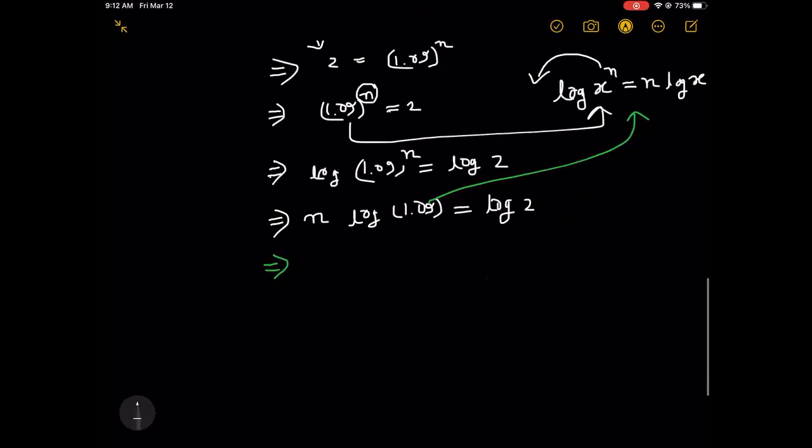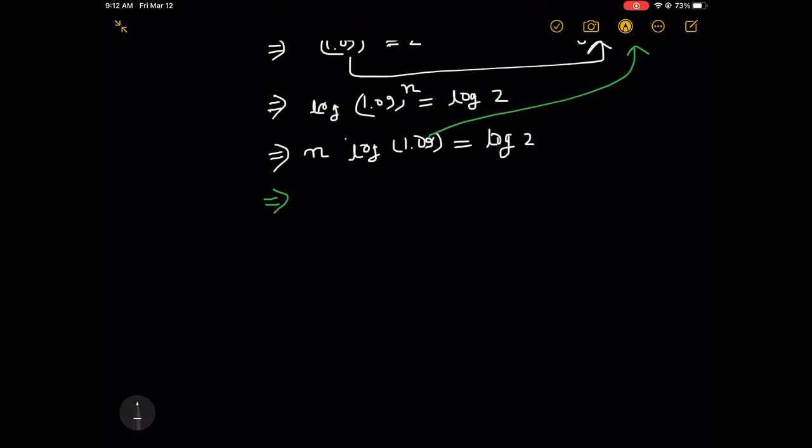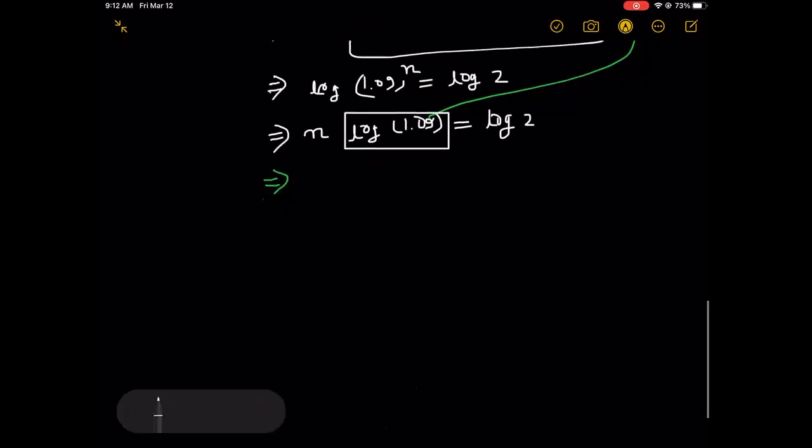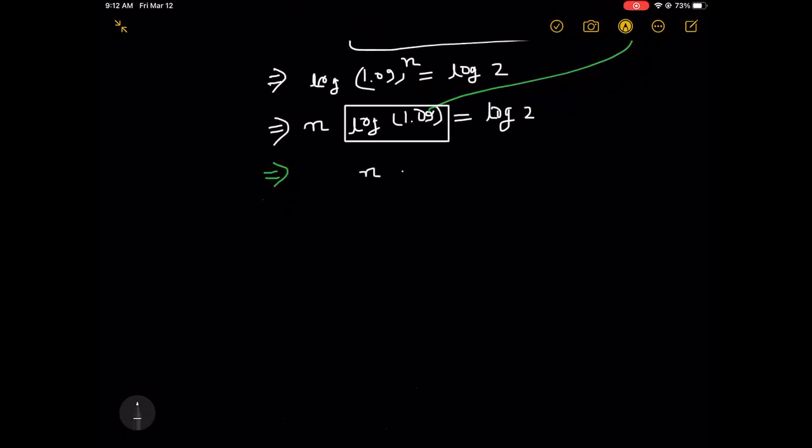Now, finally, we will be able to isolate the n completely. So for that, once again, we'll try to get rid of everything else. So we'll divide both sides by log of 1.09. So on our left, we'll have n, and on our right, we'll have log 2 over log of 1.09.